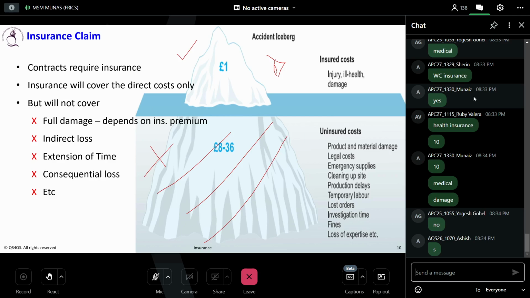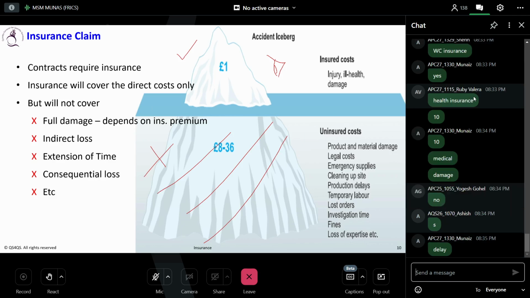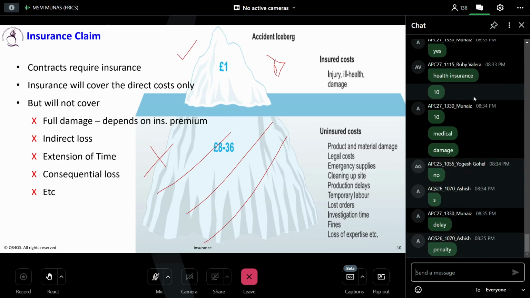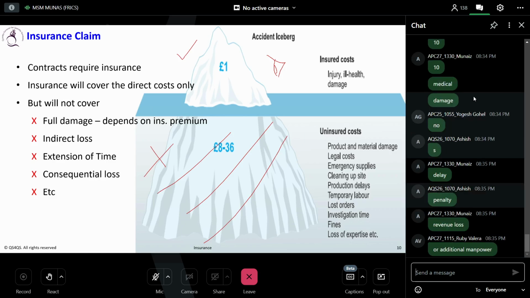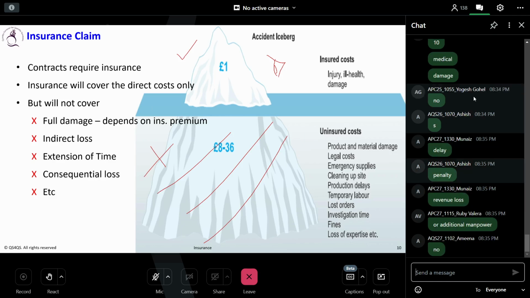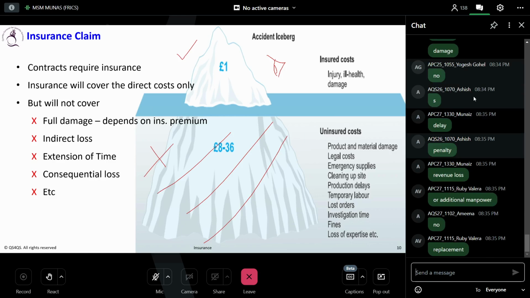If you delay the project, what will happen at the end of the project? LDs, liquidated damages or delay damages, will be imposed on the contractor. Now, that is not a good symptom for a contractor. You got the delay in project completion, and also you are going to pay money to the employer as a delay penalty. It is not a good symptom.